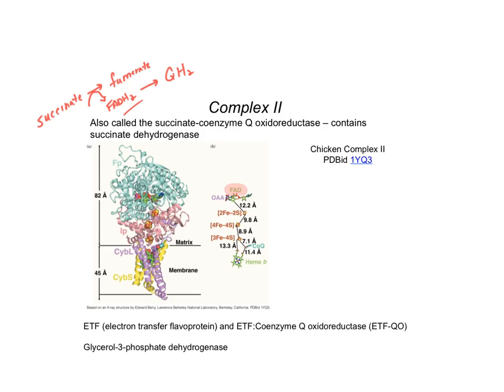The first thing that's going to happen is it's going to transfer its electrons to a 2-iron 2-sulfur cluster, then to a 4-iron 4-sulfur cluster, then to a 3-iron 4-sulfur cluster, and finally, it will transfer its electrons to coenzyme Q as well. Again, it does this one at a time until we finally get completely reduced coenzyme Q, or ubiquinol, another name.